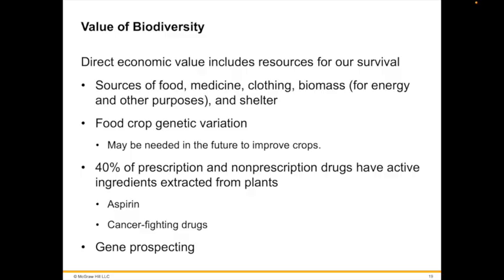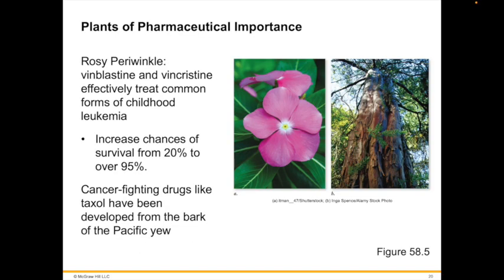The rosy periwinkle from Madagascar has yielded potent drugs for combating childhood leukemia. And drugs effective in treating several forms of cancer and other diseases have been produced from the Pacific yew. Overall, 62% of cancer drugs were developed from products derived from plants and animals.